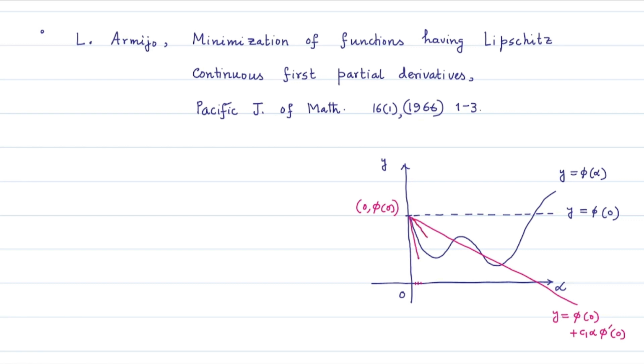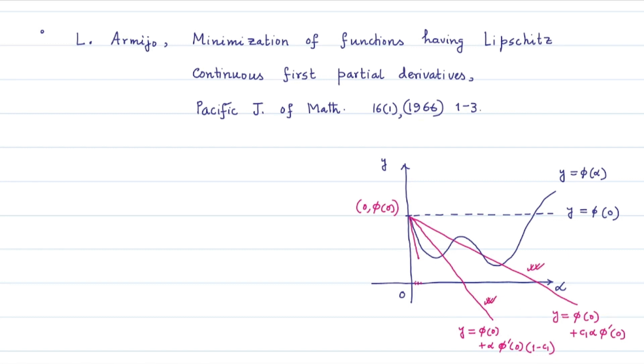So we consider a line, for example this line, whose expression is given by y is equal to phi 0 plus alpha times phi dash 0 times some constant, let's suppose C2, which must be bigger than C1, then only this line will come below this line. As commonly we choose C1 to be below half, so here we can go with 1 minus C1, and this 1 minus C1 is certainly then bigger than C1, so this line will then come below this line.